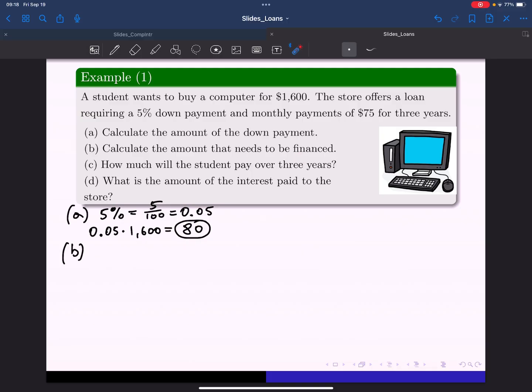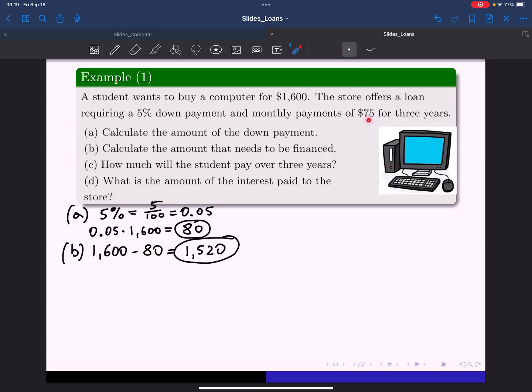If the computer costs 1,600 and we need to put down $80, we simply subtract: 1,600 minus 80 gives us $1,520. So the amount that needs to be financed is $1,520.